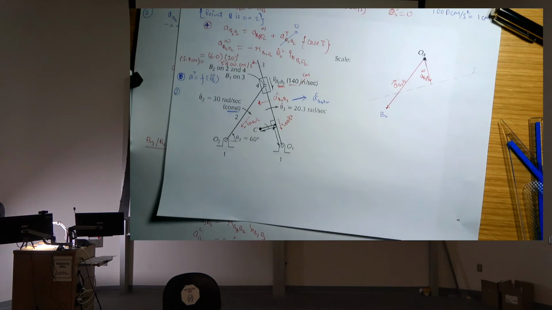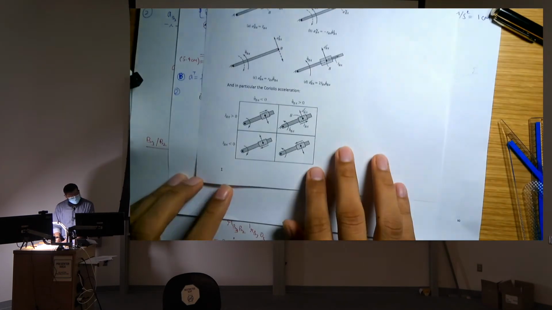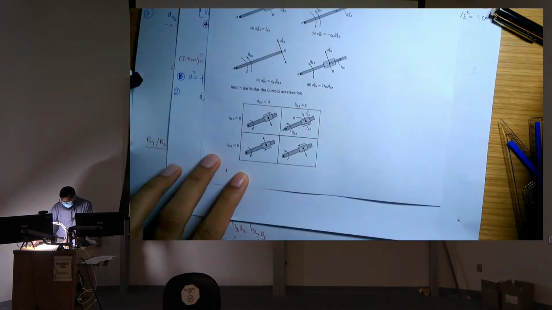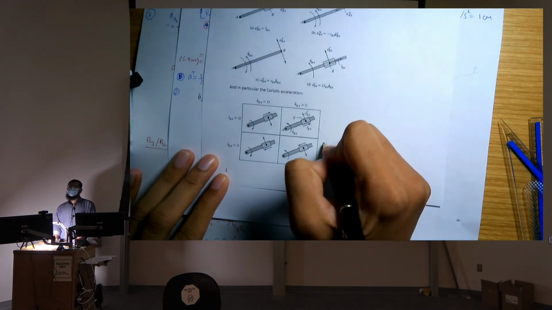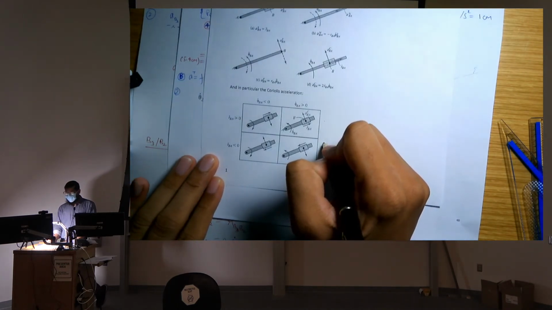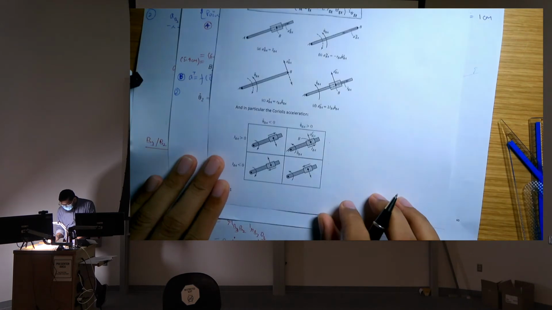In your book also there is a table given for each case, so I'm just looking for that. This is from the book only. These are the 4 cases which you will encounter for the direction of the Coriolis's component.